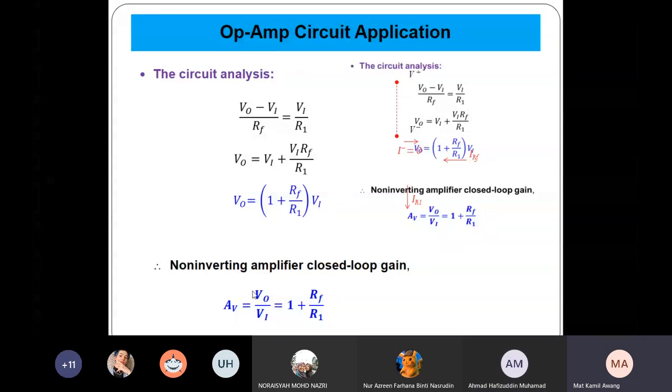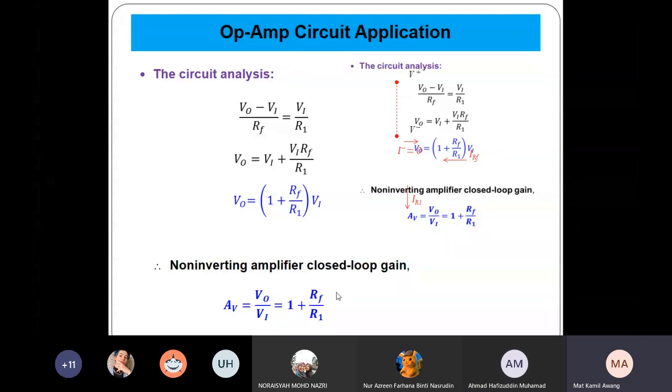Clear. So what is the gain? The gain is actually V out over V in. So you have 1 plus RF over R1. So this is actually the non-inverting amplifier closed loop gain. See the difference between the non-inverting and the inverting? Non-inverting is basically 1 plus RF over R1.